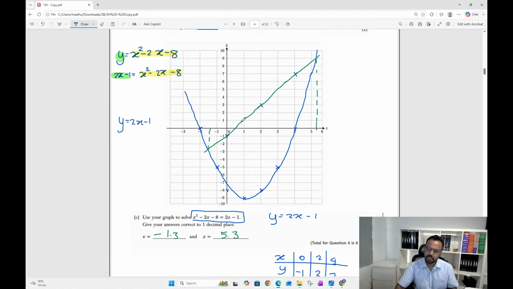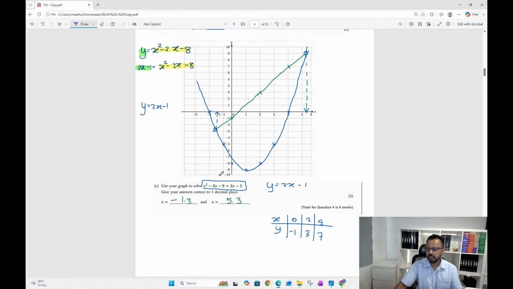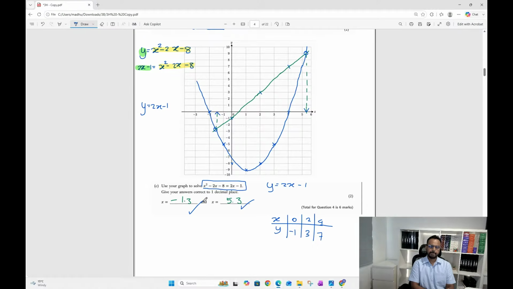Now, guys, remember, when you draw that line, where these two lines intersect, and you go to your x-axis, those two are your answers. So that's about 5.3 on the positive side here, and on the negative side, negative 1.3. Does that make sense, guys? This question is relatively easy, but people struggle with it.